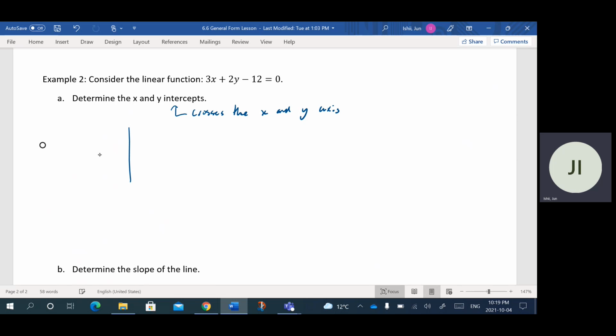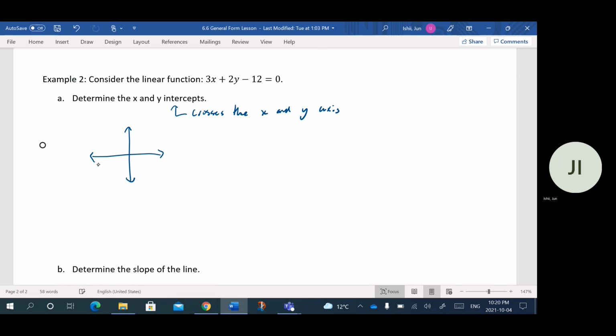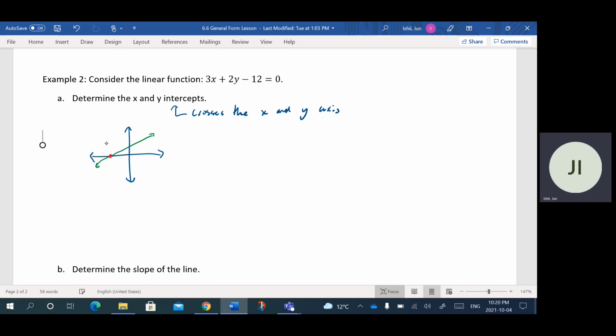So what that means on a grid here, if I was to draw a random line, not specifically the one in the question, something like this, then wherever it crosses here, this is your x-intercept.